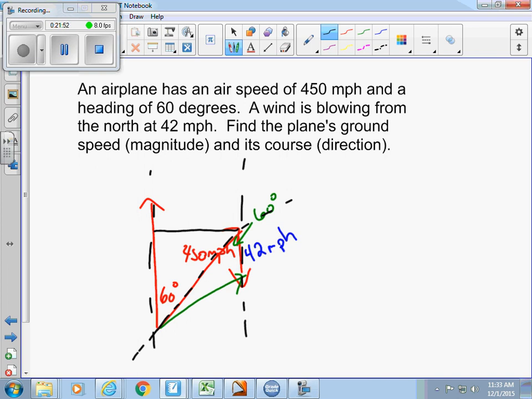You could find this would be 30. But then this adds up to be 90. It's a right angle. So either way works great. I don't care how you did it, as long as you got that angle to be 60.